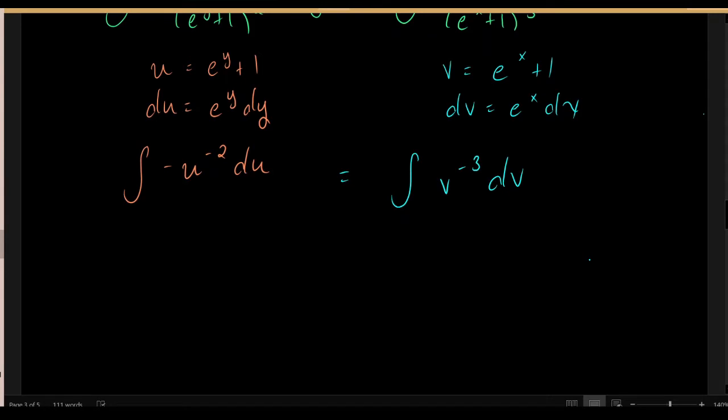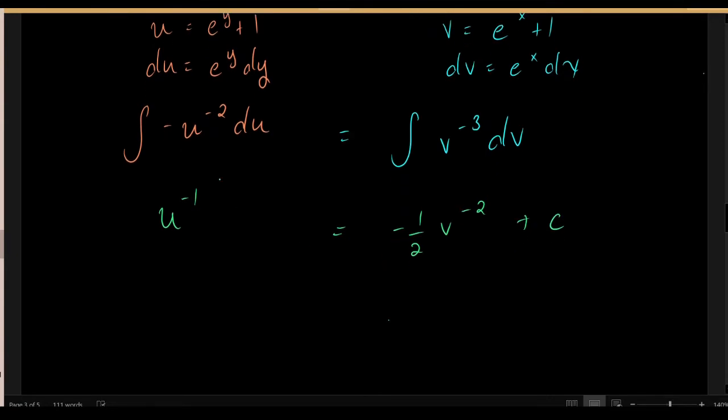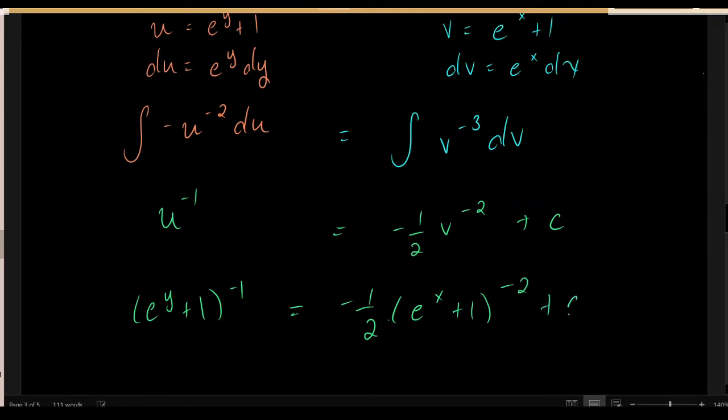So integrating both sides, u to the minus 1, the right side is going to give me negative 1 over 2 v to the minus 2 plus c. And if I return these to being in terms of x and y, then the u to the minus 1 will be equal to e to the y plus 1 to the minus 1, and the right hand side will be equal to e to the x plus 1 to the minus 2 plus c.